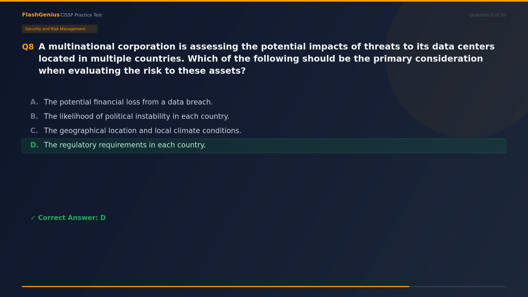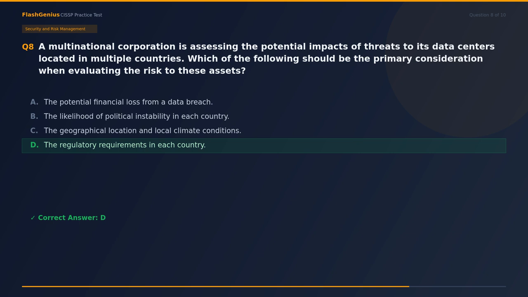The correct answer is D, the regulatory requirements in each country. Here's why. In a multinational context, the primary consideration for risk evaluation is the regulatory and legal environment of each country, while financial loss, A, political instability, B, and geographical factors, C, are all important components of risk.